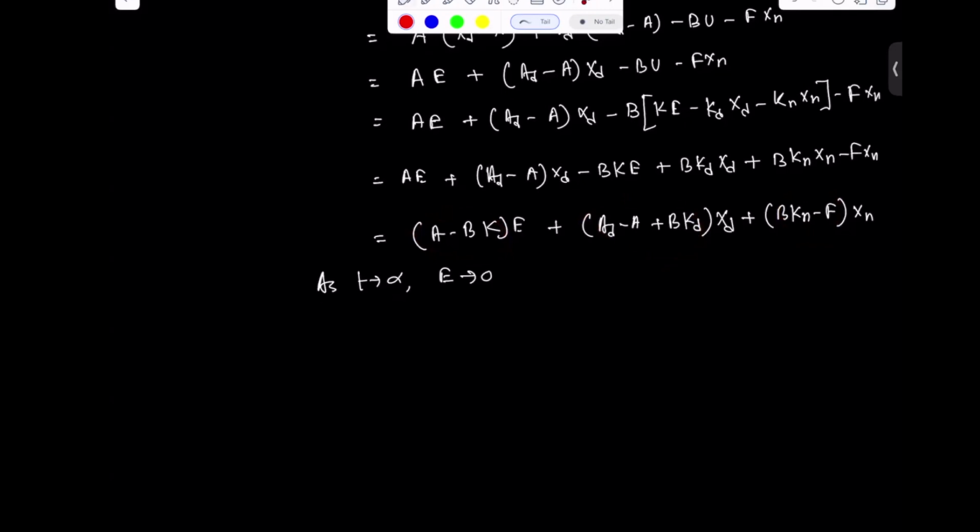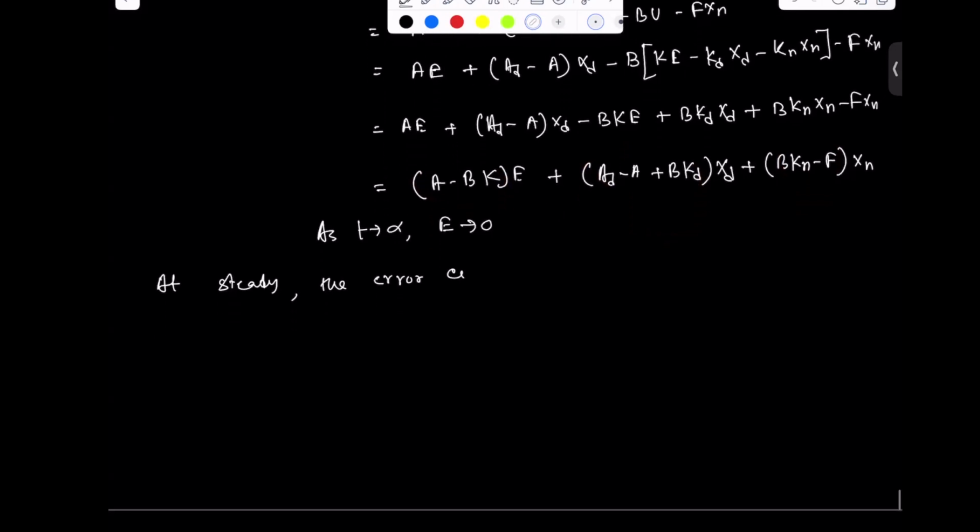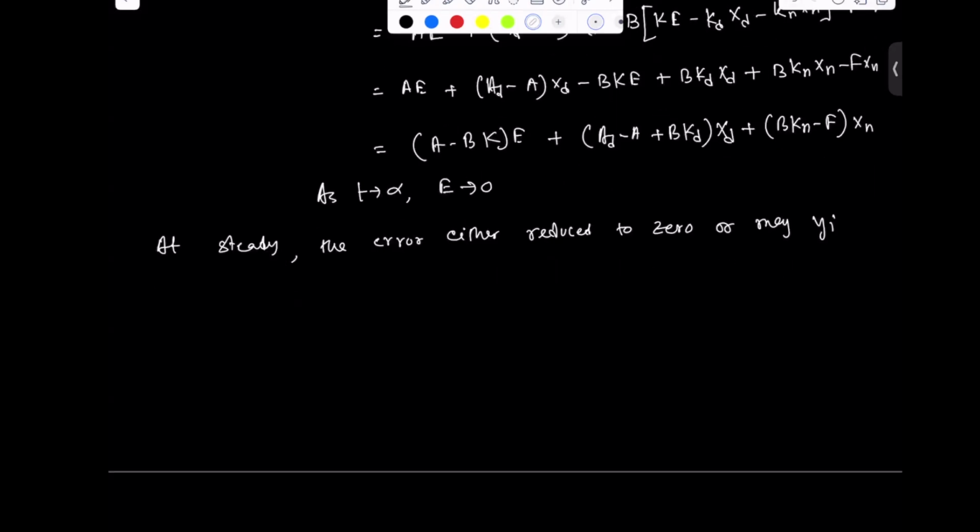Let me write some stuff here. At steady state, the error is either reduced to 0 or may yield some small value, right?